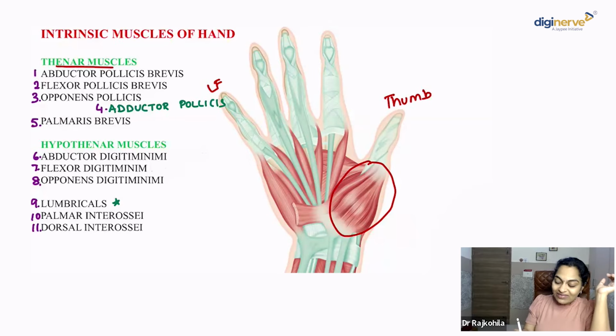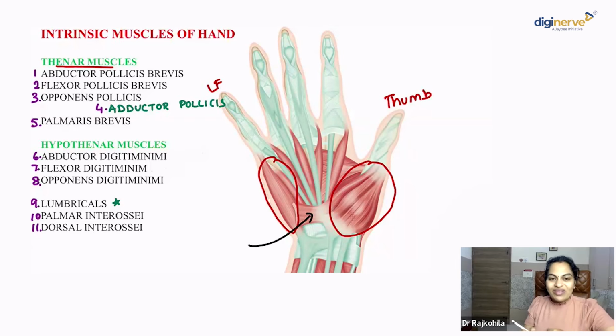And below the little finger, this bulge is called the hypothenar muscles. But superficial to the hypothenar muscles, you get to see a thin muscle there, remnant of panniculus carnosus. Yes, you're right. It is the palmaris brevis, right?